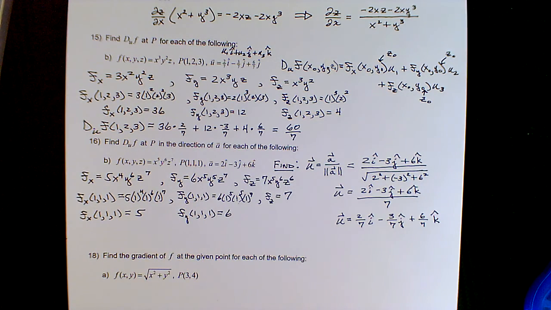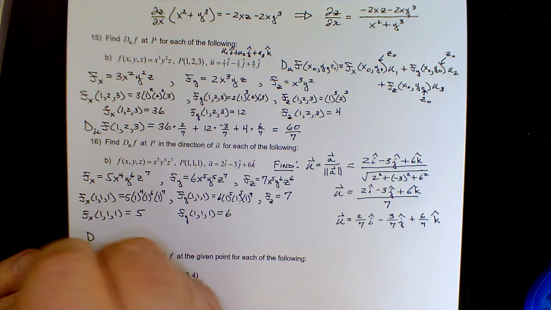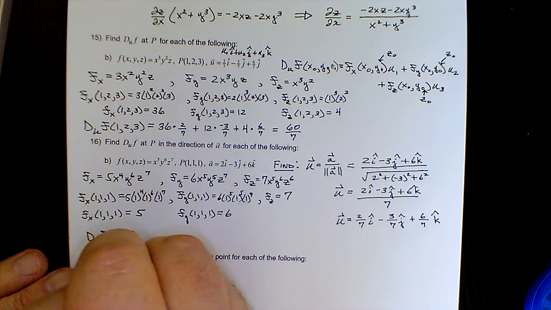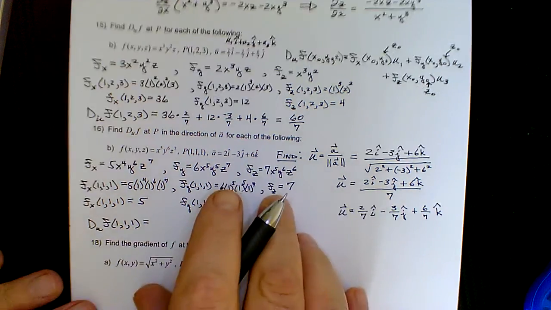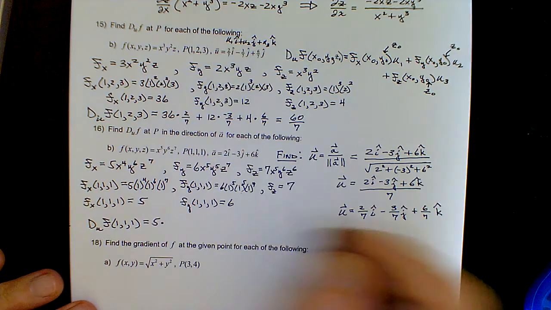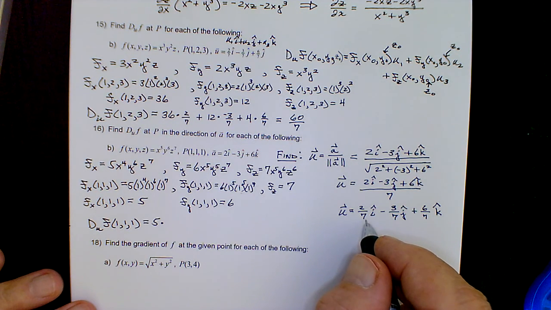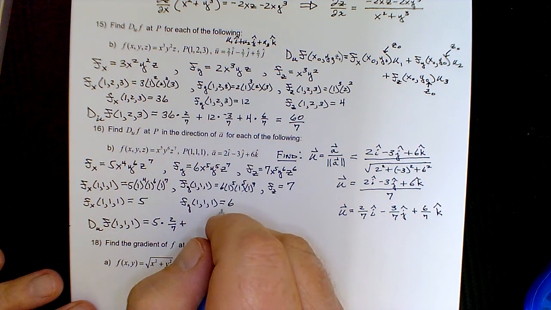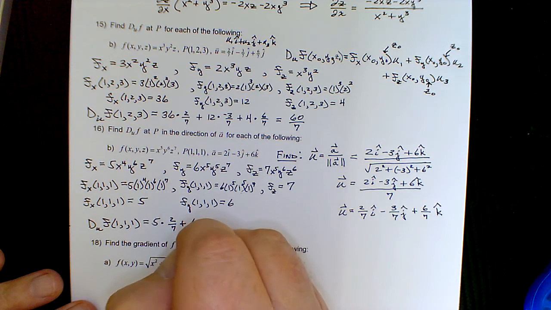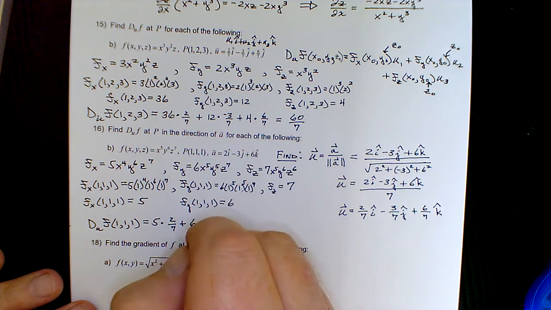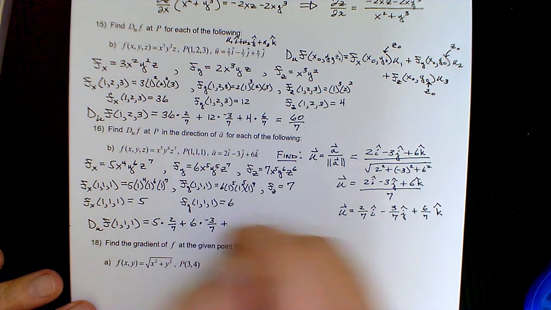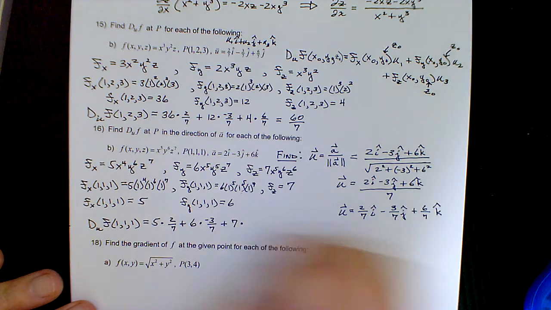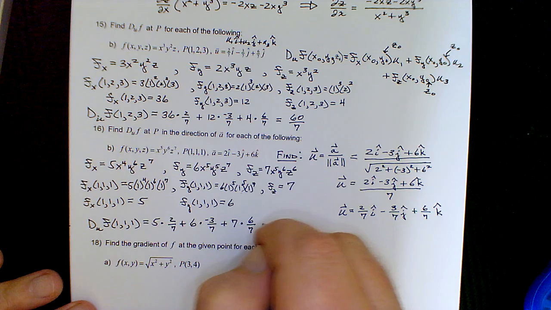Okay, and now plugging into our formula, the directional derivative in the direction of the unit vector of the function f at the point 1, 1, 1 is the partial of f with respect to x at that point, which is 5, times u1, the i component, 2/7, plus the partial of f with respect to y at the point, 6, times the coefficient of j, negative 3/7, and then plus f sub z, which was just 7, times the coefficient of k in the unit vector, 6/7.